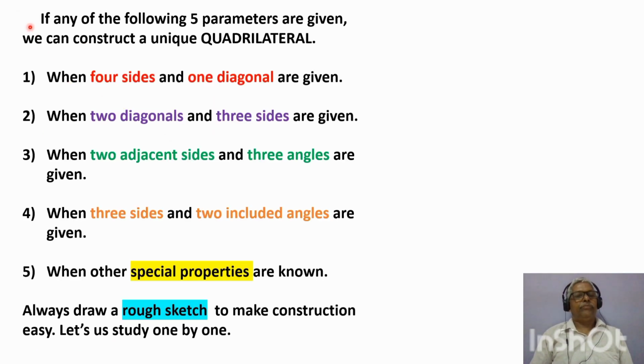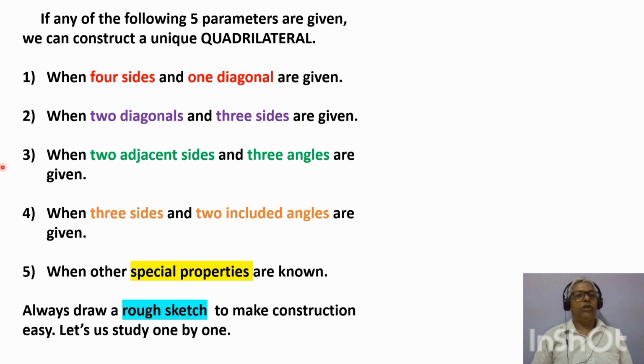Go to this comment. If any of the following five parameters are given, we can construct a unique quadrilateral. First one, when four sides and one diagonal are given. You have seen this. Second, two diagonals and three sides are given.